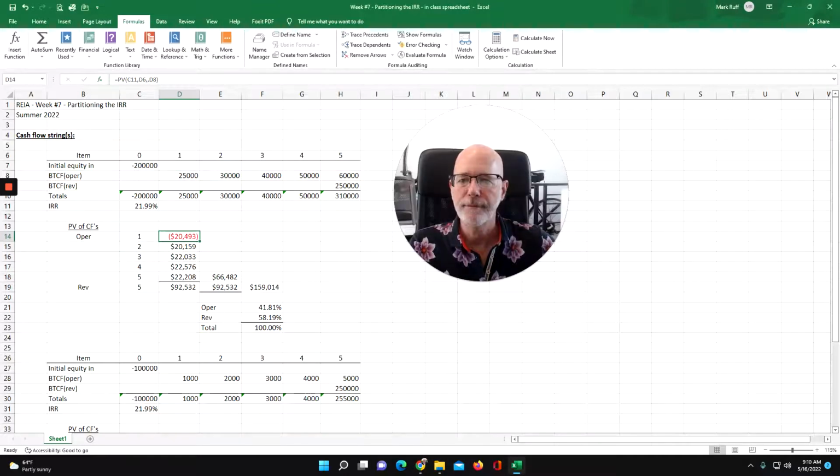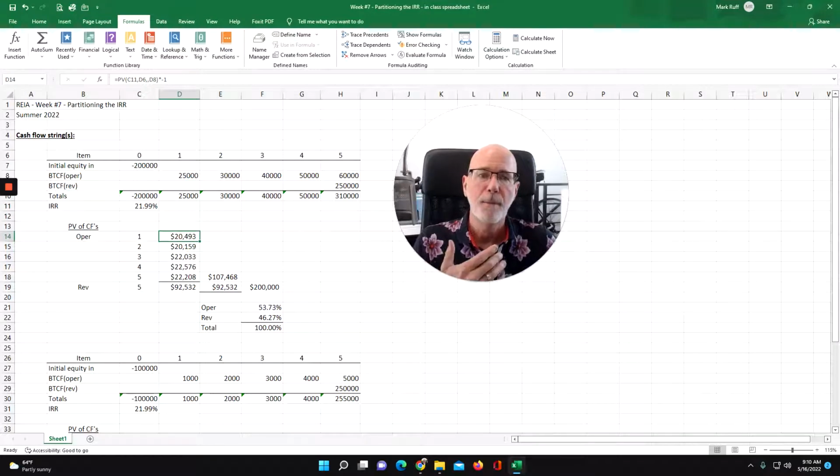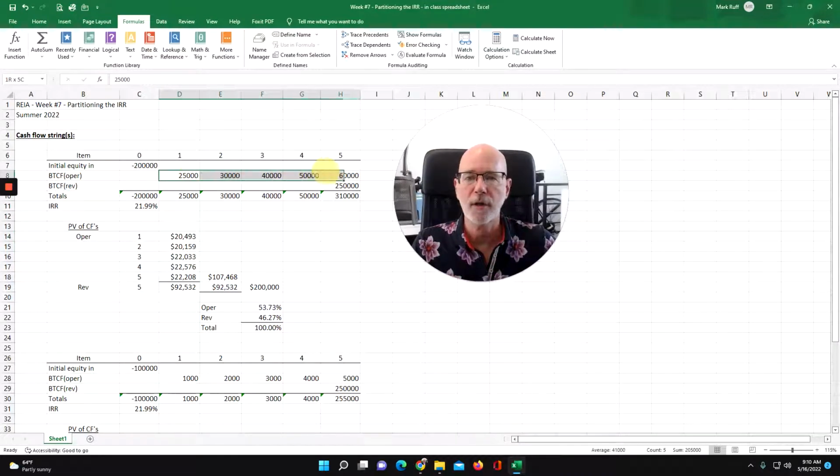Therefore, this present value is $20,493. Now, what I typically do is multiply these by -1 in order to return these as positive numbers. It's not going to matter in the whole scheme of things, but I just like to visually portray these as positive numbers because they are actually positive cash flows out into the future.